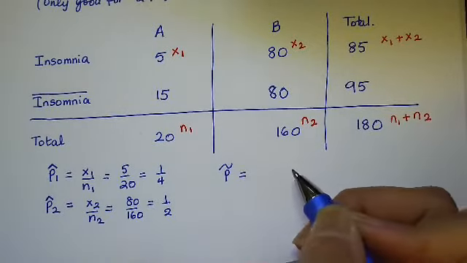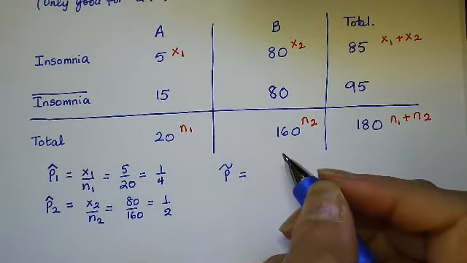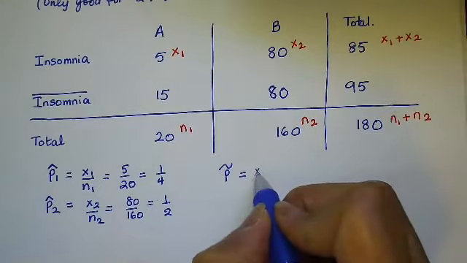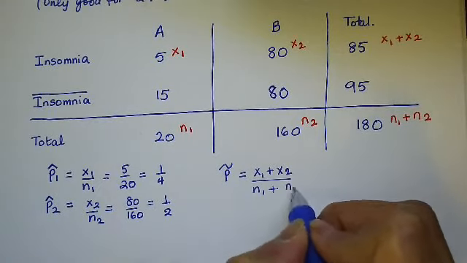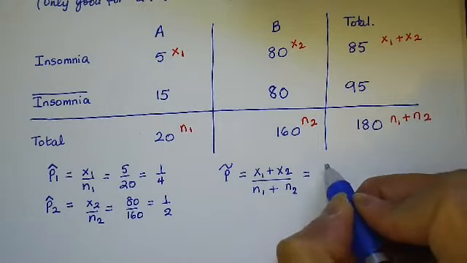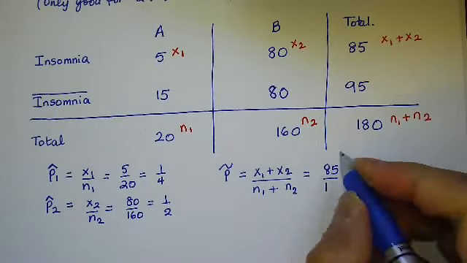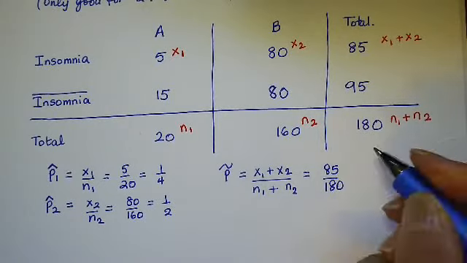And then there's P tilde, which is the common proportion, meaning total insomniacs over grand total here. So this is X1 plus X2 over N1 plus N2, which is 85 over 180.